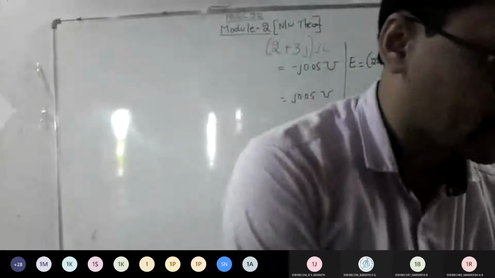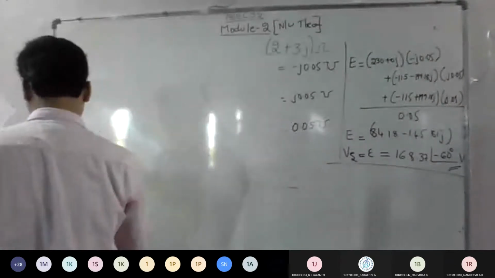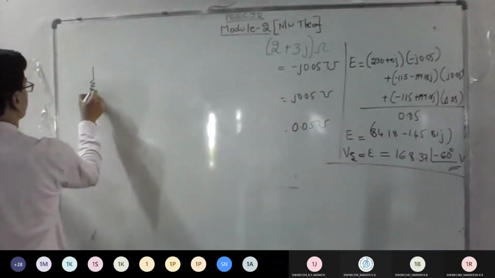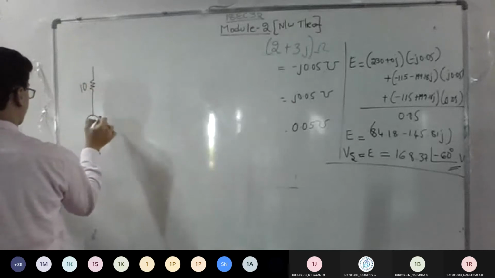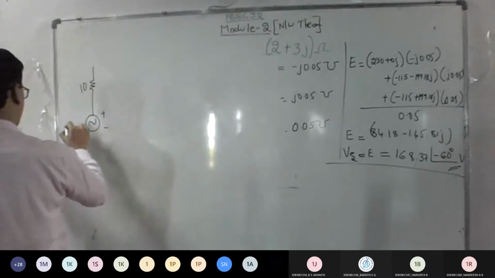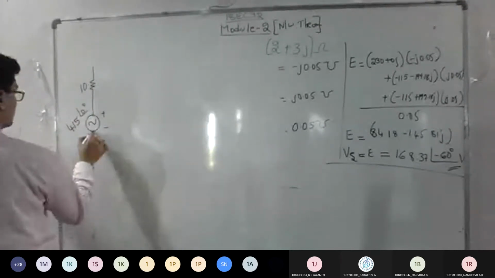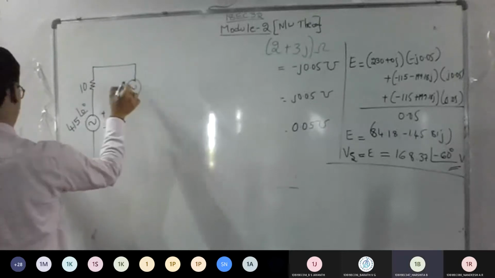So the network is given, just make a note of the network here. This is also an 8 marks question. A 10 ohm resistor is given here, followed by an AC source. Plus minus is very important. 4 and 5 at an angle 0. Is it visible if I'm writing here? Yes, sir.